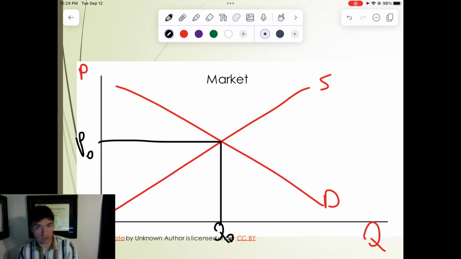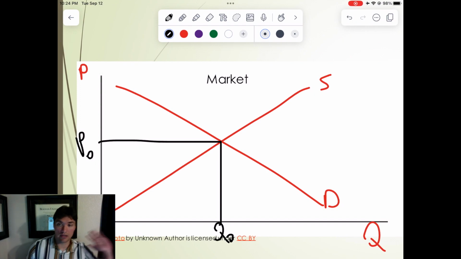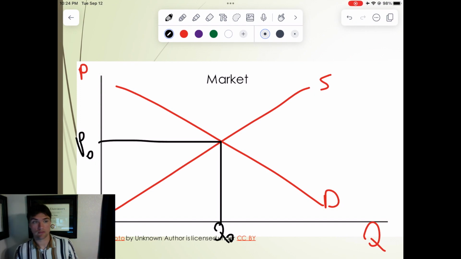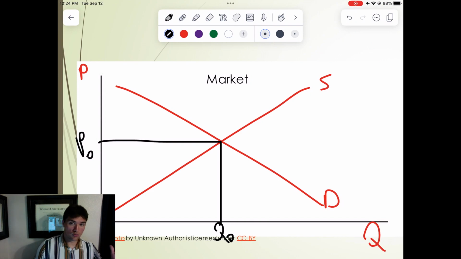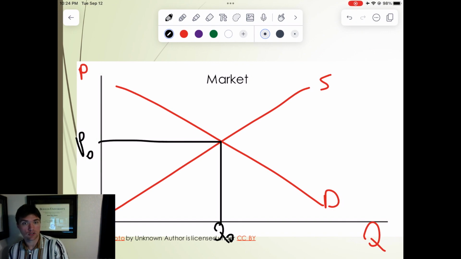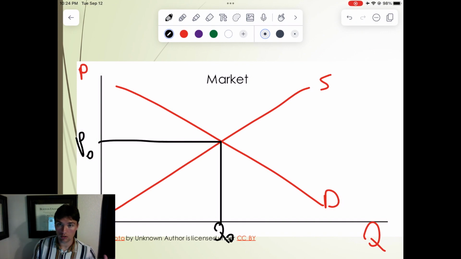Now, that's the market. So that's all the buyers and all the sellers that we have. So if you had a town, the market, and they all sell the identical t-shirt, and you were to look at each individual firm, all of those are the supply.